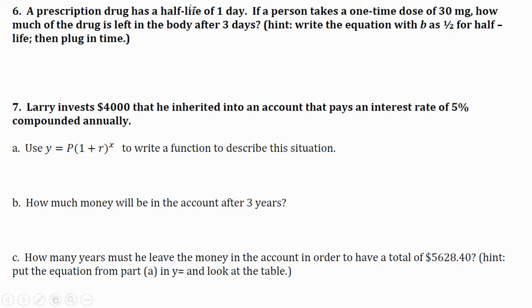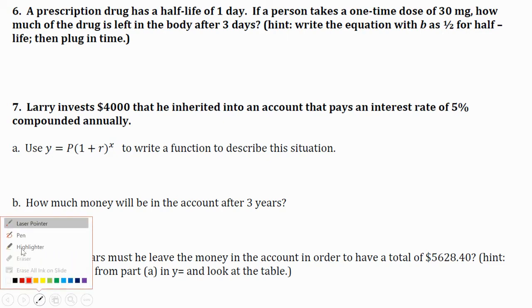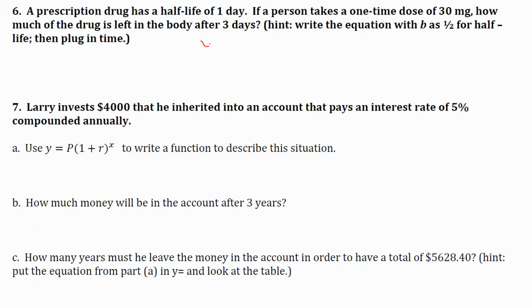All right, so on this one, you would need to write the equation as y equals a times b to the x. And so you would write y is equal to, what do we start with? We start with 30. So you're going to write y is equal to 30, because that's my a, and then that's going to be times my half-life.